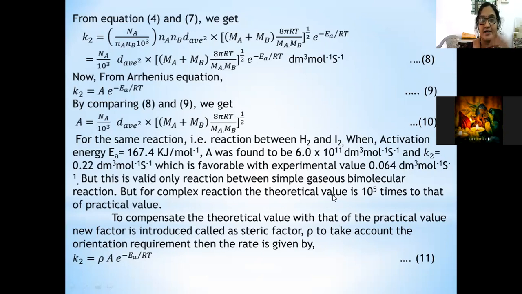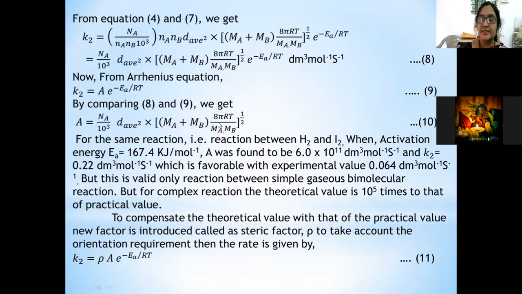Our theoretical value is very high, and the practical value is less. So rho should be less than 1 so that we compensate the theoretical value and the practical value. When we consider the effective collision for a simple gaseous molecular reaction, the rate is compensated, but we have still not considered the orientation factor.